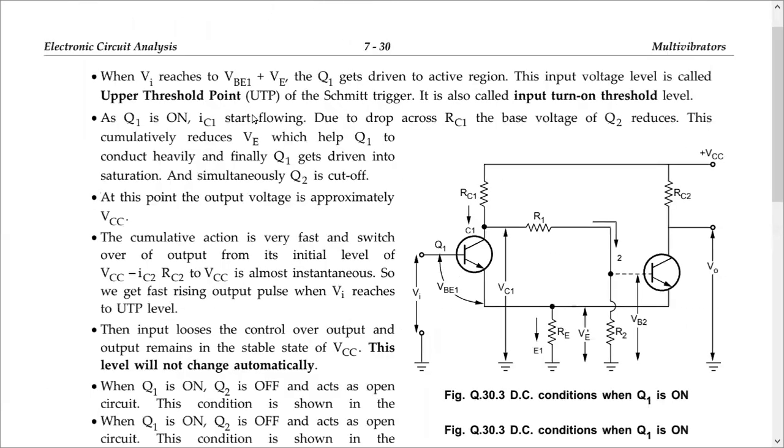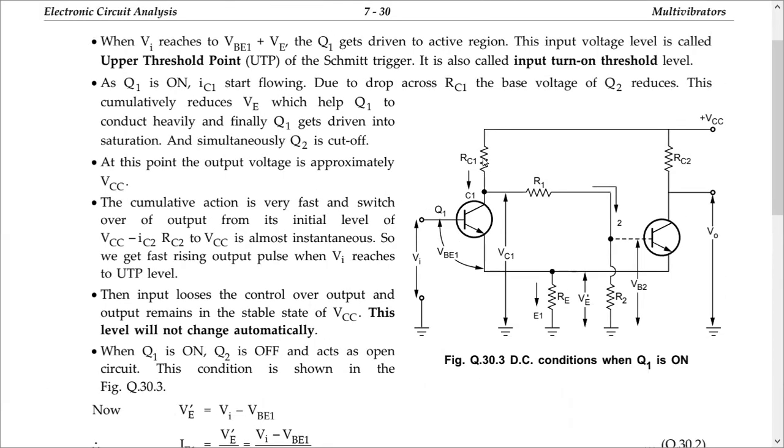When Q1 turns on, the current will be more. The current through RC1 will be high, and because of that high current, there will be a large drop of the VCC that we connect here. Large drop means, suppose you have 100 rupees and you lost 90 rupees, you have only 10 rupees left.